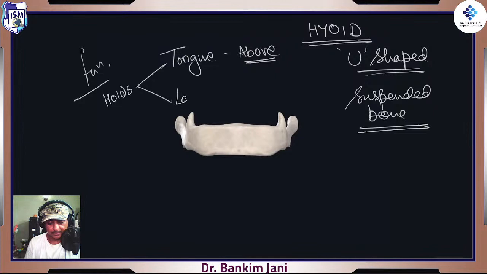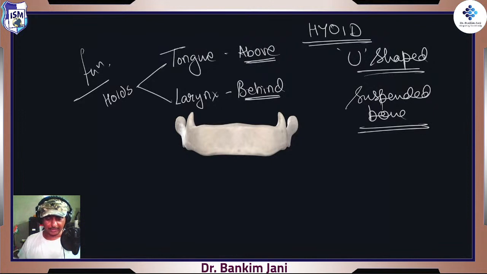And the voice box, that is the larynx, it is just behind. It takes care of both of them. And today we'll be watching 7 groups of muscles. Again, it would be a fantastic journey how those 7 muscles are connected with each other, where the hyoid will be playing a major role. That's the importance of this hyoid bone.